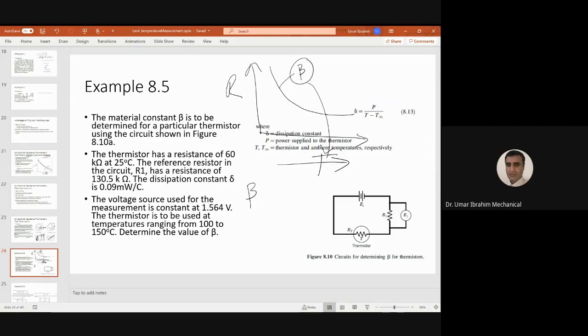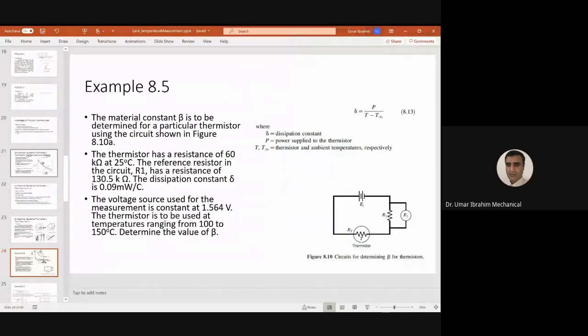Once we find beta value at different temperatures, we will see that beta value for a single thermistor changes as the temperature changes. Okay? So let's see how we conduct this experiment.